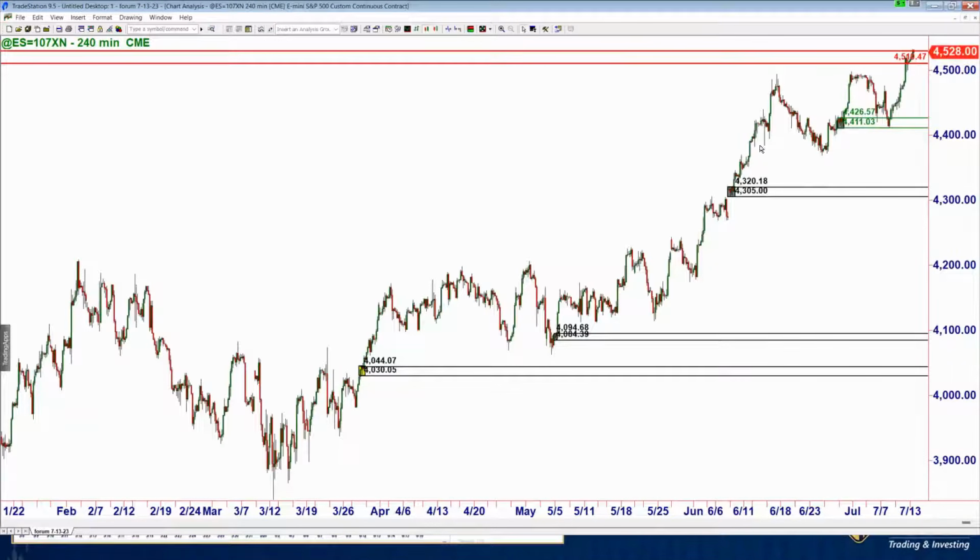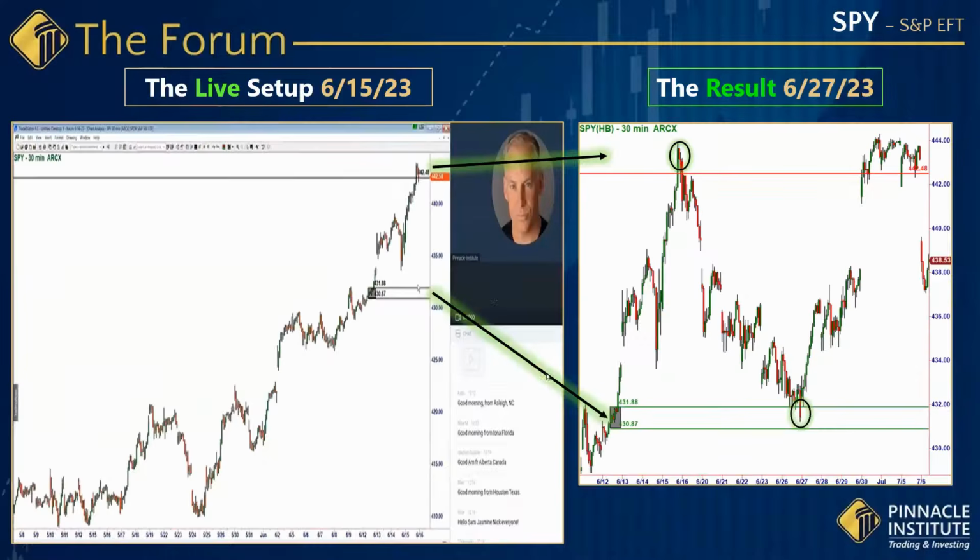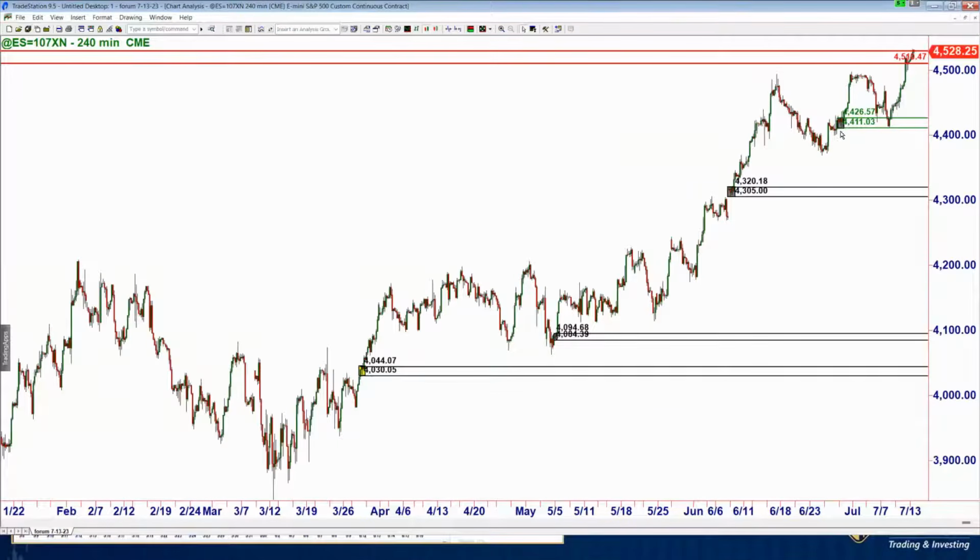There's the 432. Here's that 442.50. My point is, this was an inside the range demand zone. So this was sitting right in here. This is the SPY, but if we were to put it in, it's right in that area. But why did we take an inside the range demand zone, and why did it work?